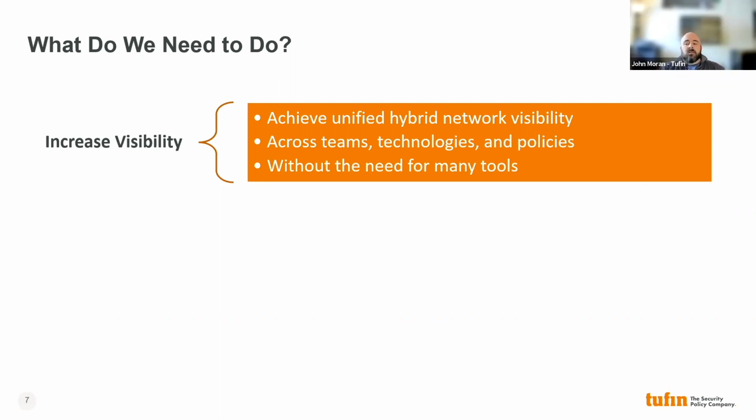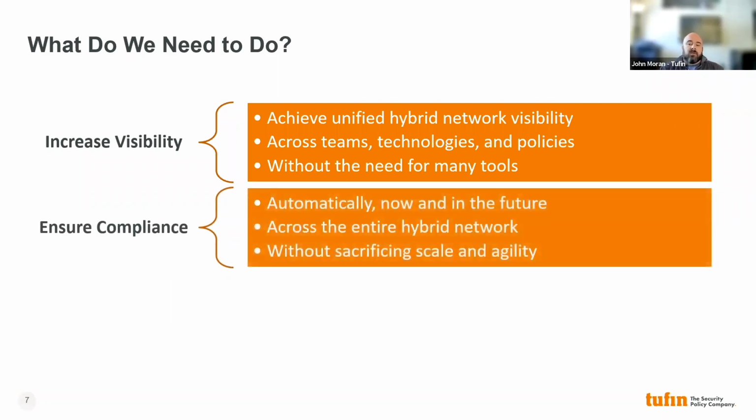And we need to do it without the need for many, many tools, because that just builds more silos, that creates more of the swivel chair work, and it induces more errors, right? You increase your chance for errors switching between tools, copying and pasting, things like that. We need to ensure compliance on our hybrid network, and we need to do it automatically, right?